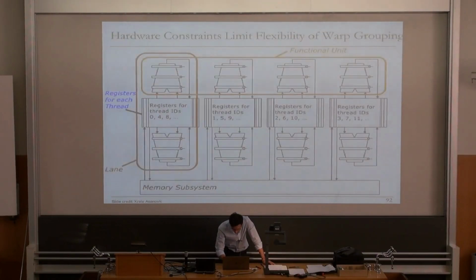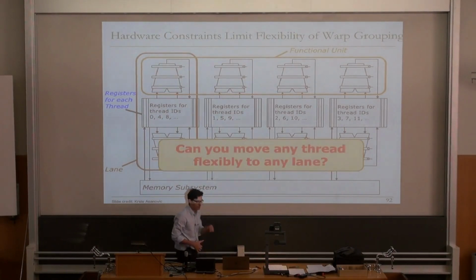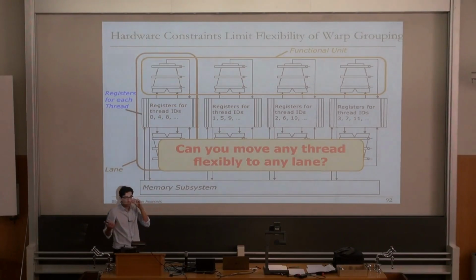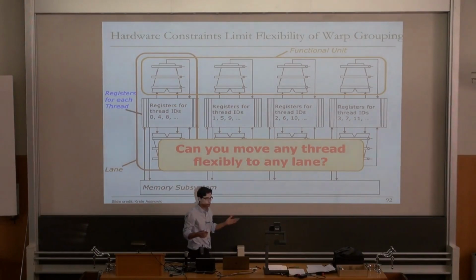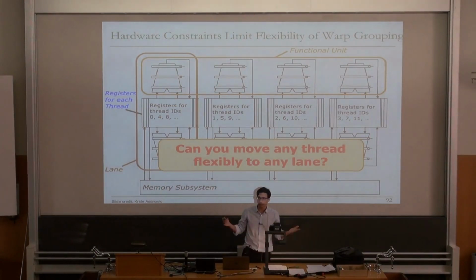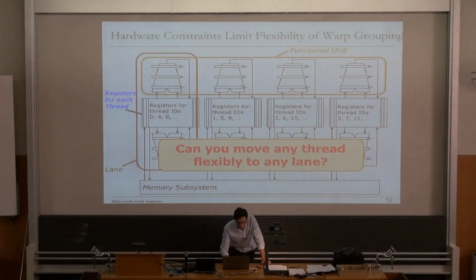Well, this is something that we could do, and this is what this slide is about. Can we move flexibly any thread to any lane? Well, we could, if we allow the hardware to do it and we add the extra hardware that is needed. But the problem is that moving one thread from this lane to a different lane would require moving all the registers that are the operands with which the corresponding thread works, and these registers might be a lot of them.